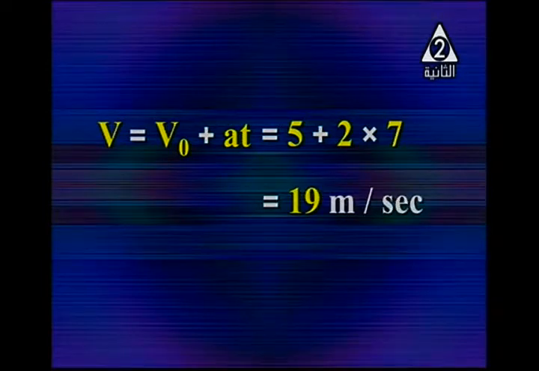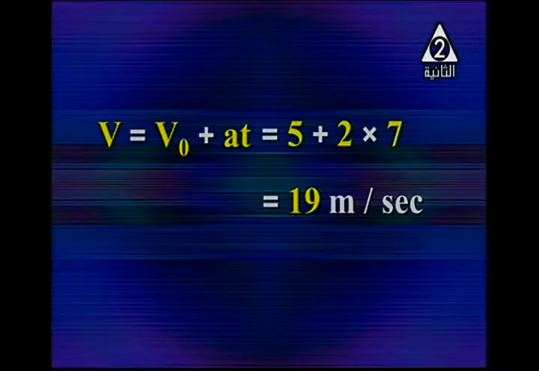This rule is used to find the velocity: V equals V naught plus at. By substitution, V naught is 5 and acceleration a equals 2 after t equals 7. Substituting, the answer is 19 meter per second.